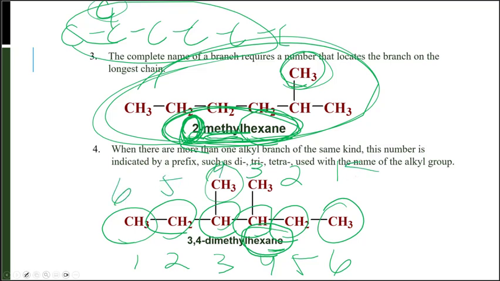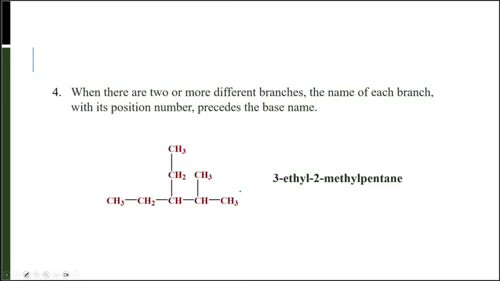Notice if I went this direction, I would have a branch off of carbon number 3. It's the same. But notice that I have 2 branches. I have a branch off of carbon 3 and a branch off of carbon 4. So I would say 3, 4, dimethyl. So off of 3 and off of 4, I have 2 methyl groups. So 3,4-dimethylhexane.